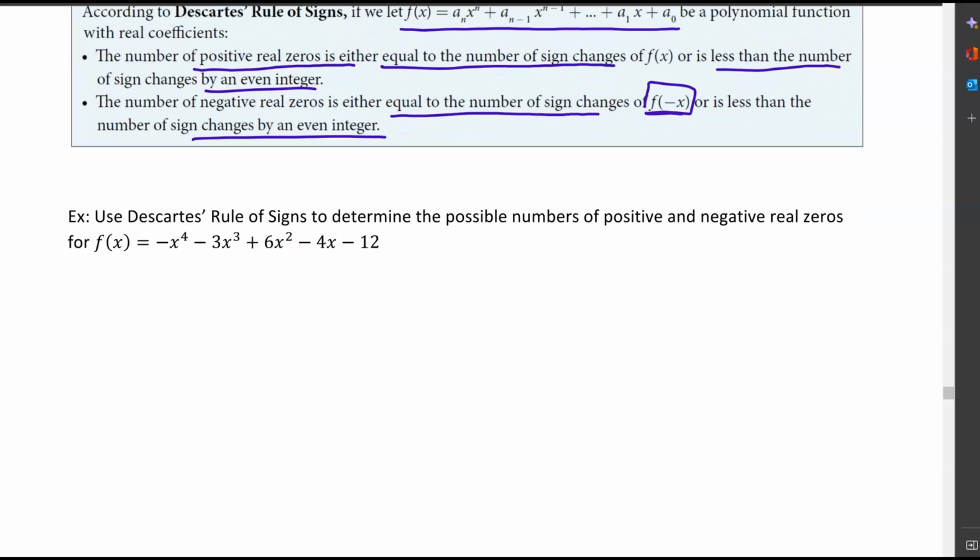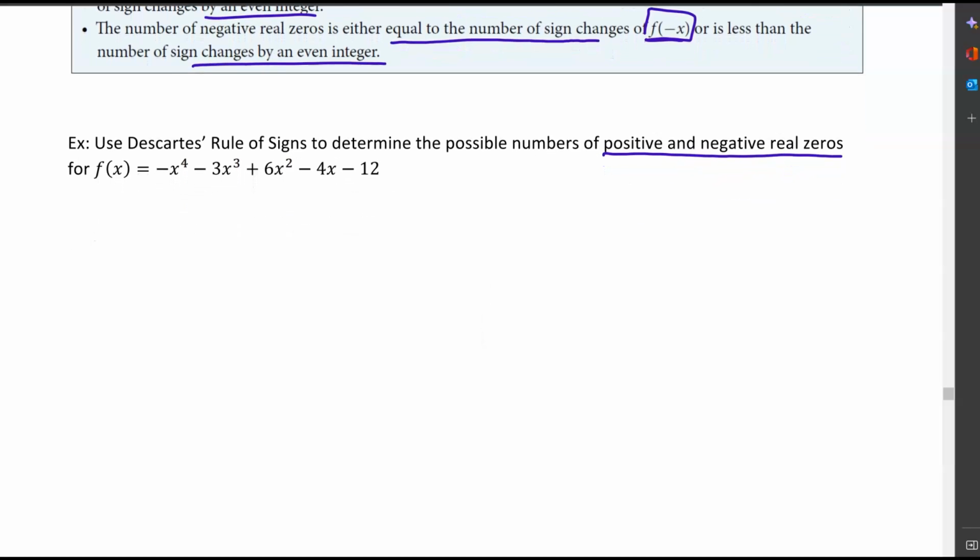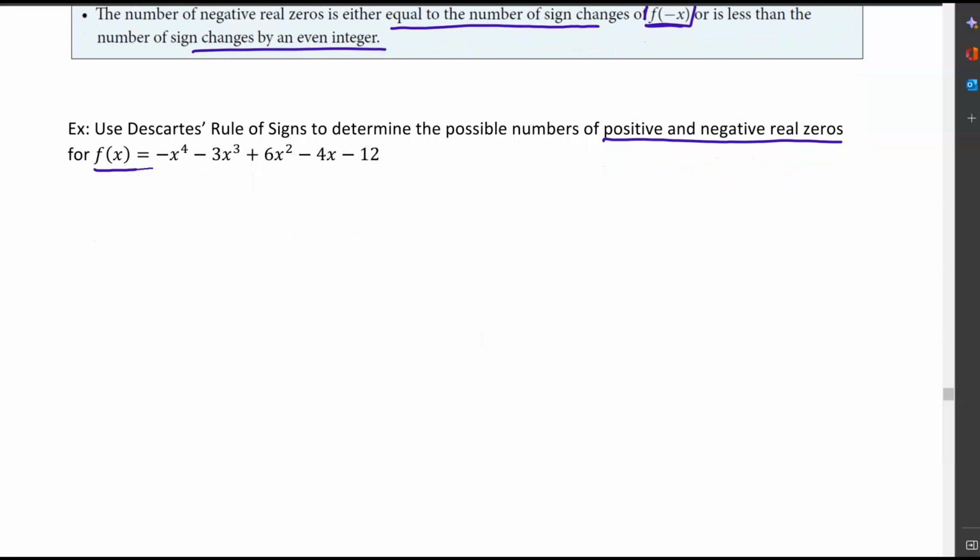So let's just take a look at this in practice. We're going to use this to determine the possible number of positive and negative real zeros. For our function f of x equals negative x to the fourth minus 3x cubed plus 6x squared minus 4x minus 12, let's take a look at how many sign changes are occurring.